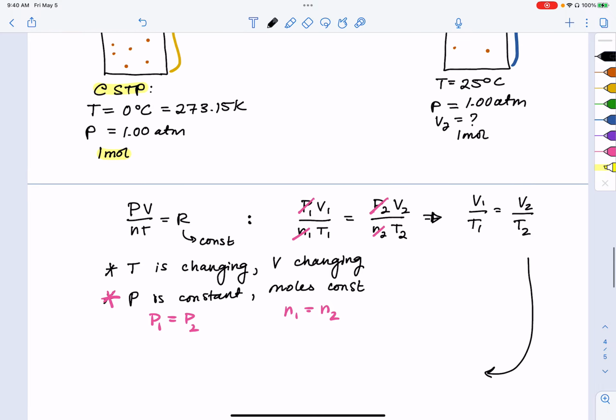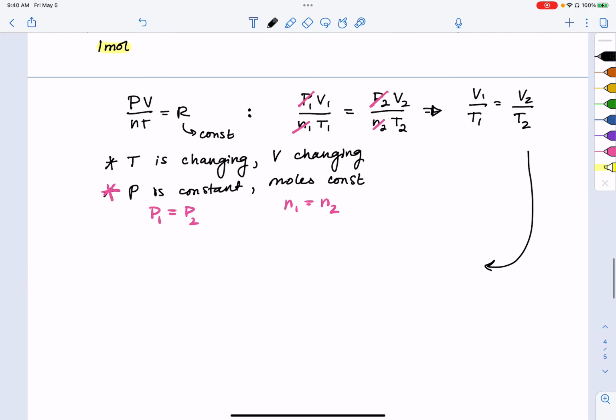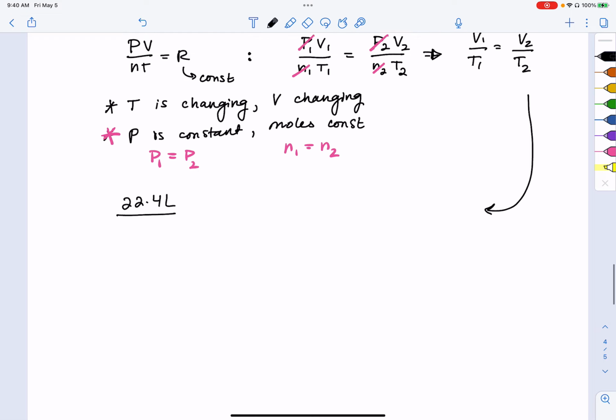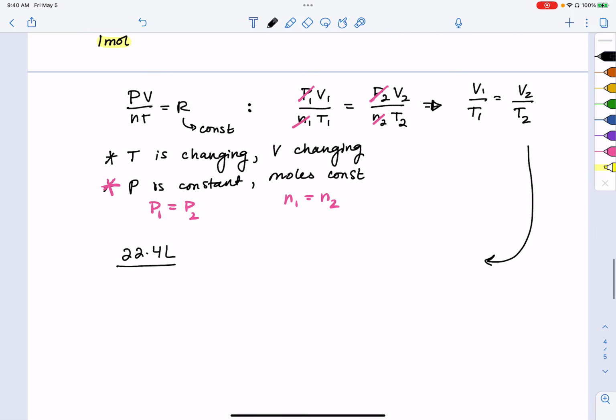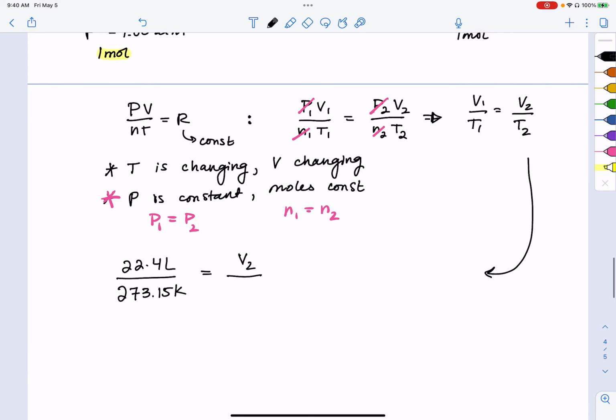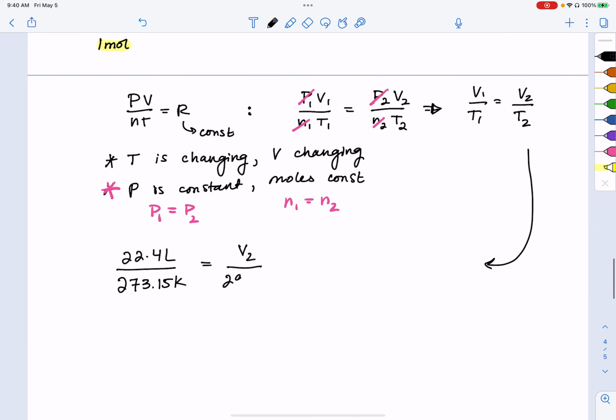So let's apply this down here. So V1, this is our 22.4 liters. At T1, that was our standard temperature, 273.15 Kelvin. This is equal to V2, which we do not know, over T2, so that was our 25 degrees Celsius, so that's 298.15 Kelvin.